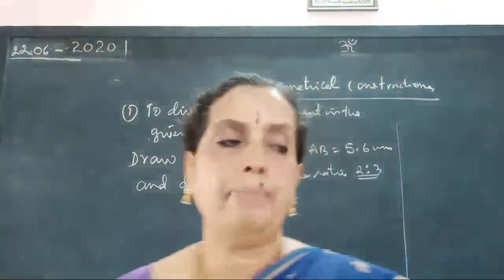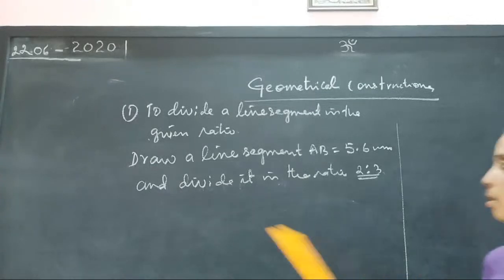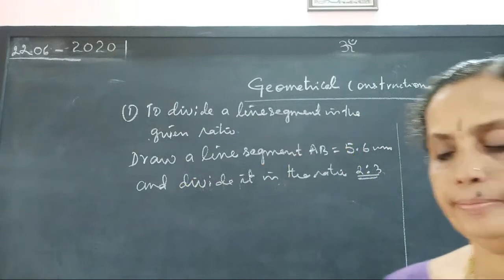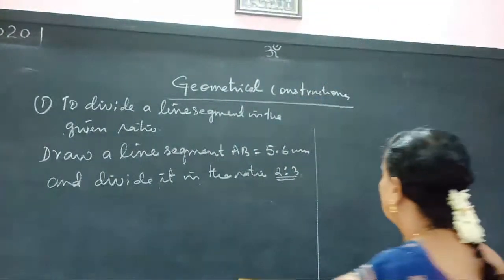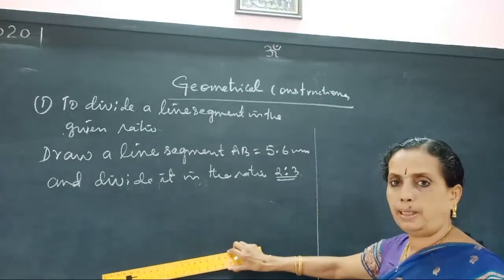The first step is draw a line segment 5.6 centimeter. Okay? Shall I do construction here, or is it visible here?